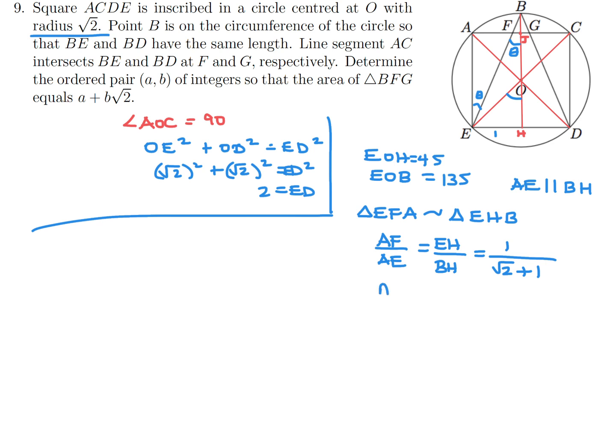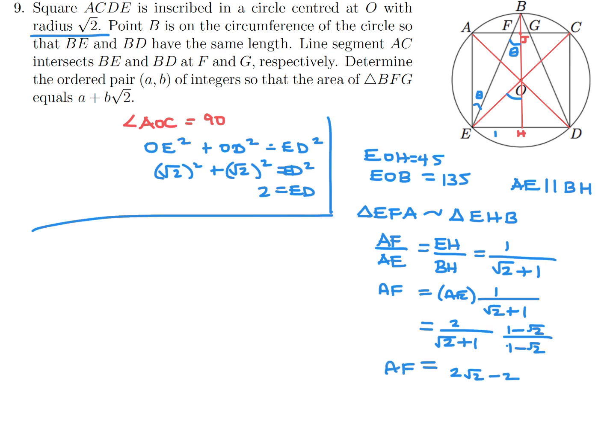Therefore AF would be AE times 1 over root 2 plus 1, and AE is the side length, 2. So this becomes 2 over root 2 plus 1. Then we have to get rid of that radical, and when we do that, we will get 2 root 2 minus 2. So that's AF. Okay, that's pretty good progress.